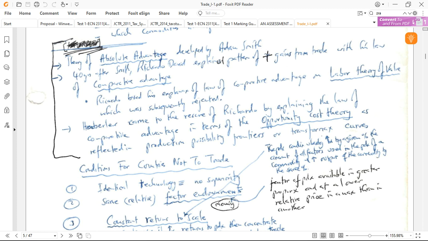For instance, if Zambia can produce 1 ton of copper in, let's say, 3 hours, and Malawi can produce 1 ton of copper in 12 hours, then going back to opportunity cost, Zambia is better. Zambia is better because we look at the value of the next best alternative. For Zambia, we can only use 3 hours, and these guys use 12 hours. It means we are better.